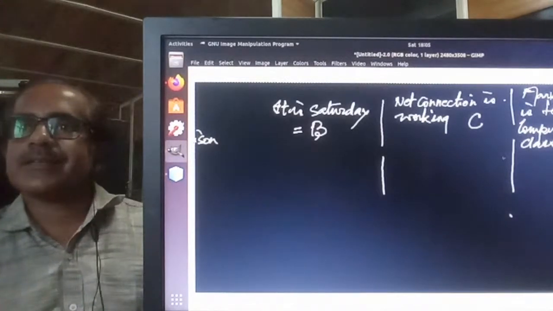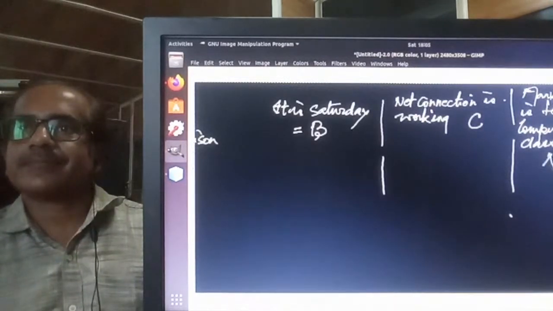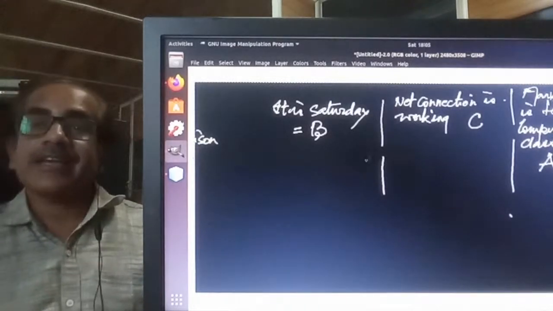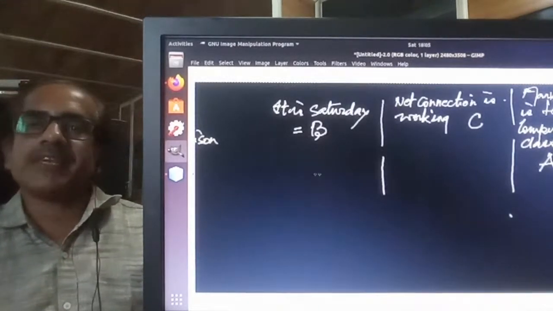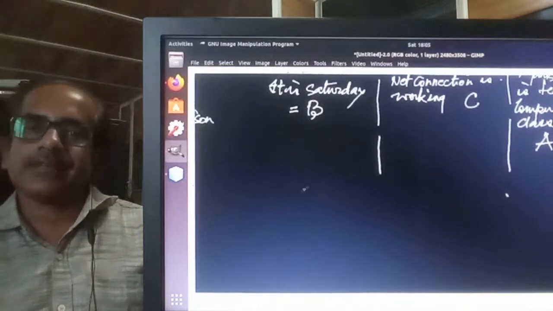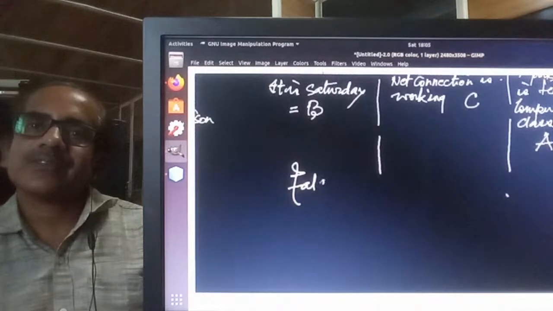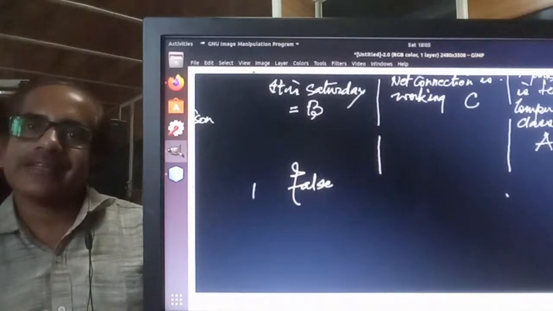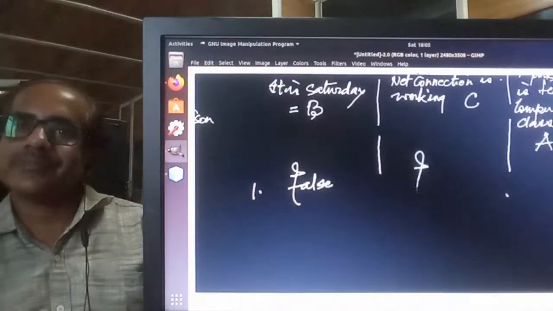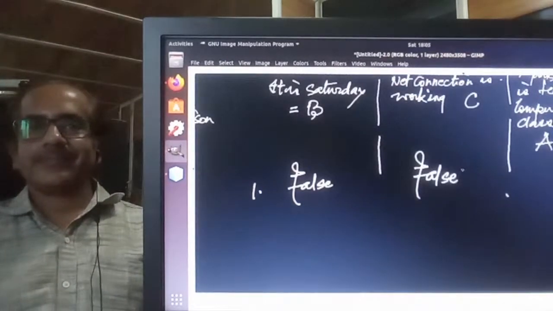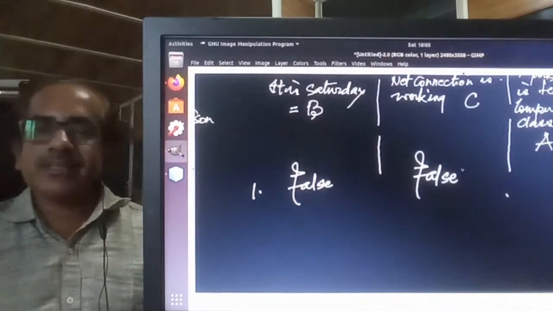This is A. So A depends, for this particular case, on B and C. So let us take their Boolean situations. पहला केस ये हो सकता है कि ये भी false है, ये भी false है। B is false means it is not Saturday.